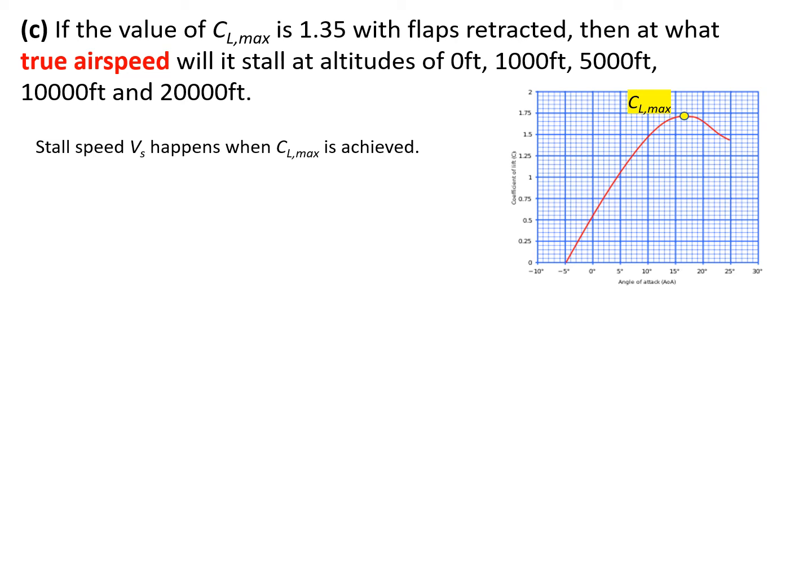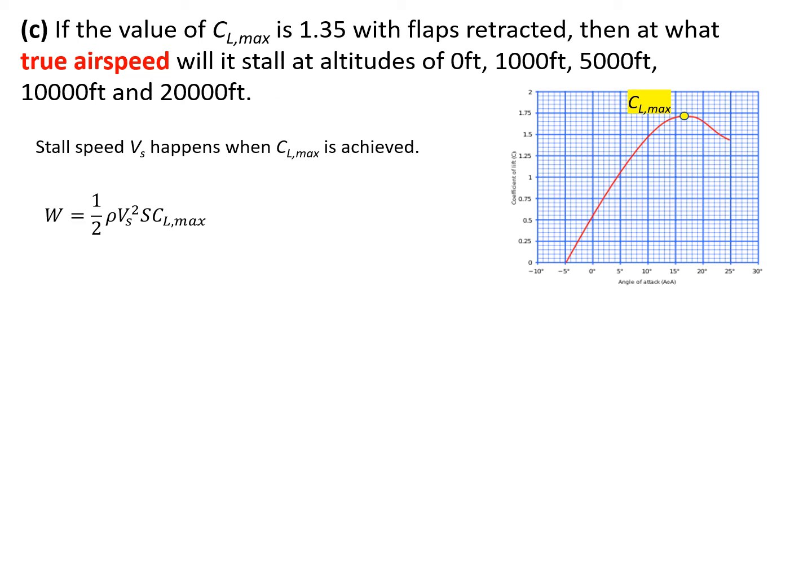After the CL max, that's stall happening. We have flow separation, so with increasing angle of attack, the CL actually decreases. So at the CL max, we have the stall speed, or its definition.